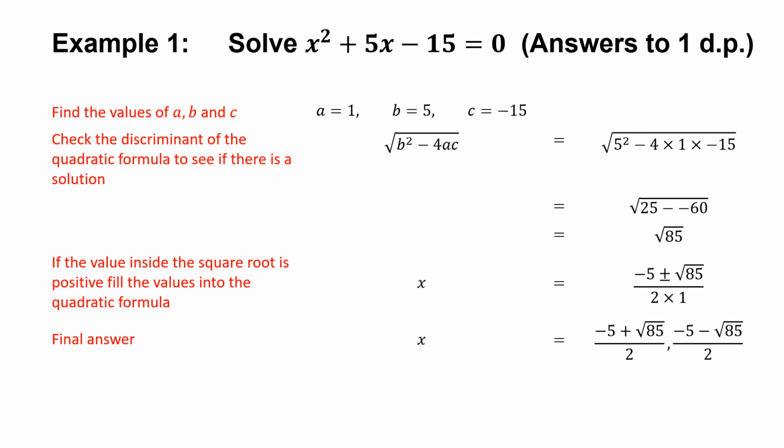So just remember we've got this plus minus term, so we have to do an answer for plus and an answer when it's minus. So when we write this out in decimal form, our answers are going to be that x is equal to 2.1 and minus 7.1.